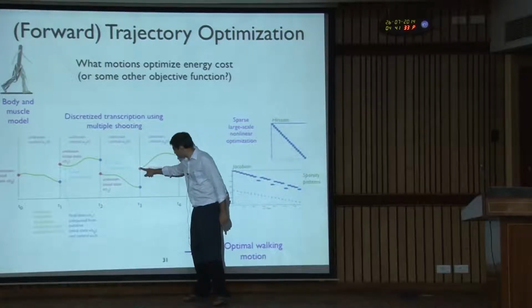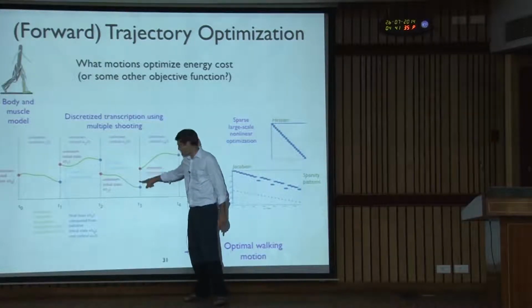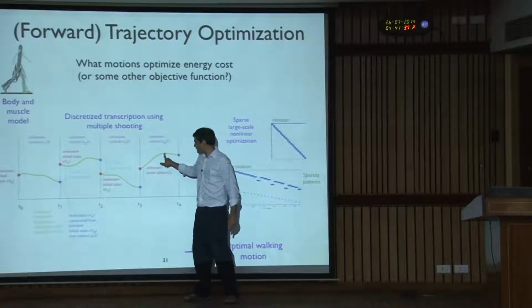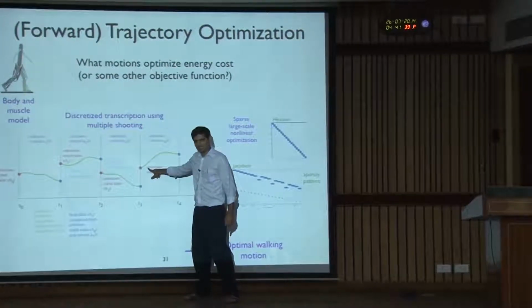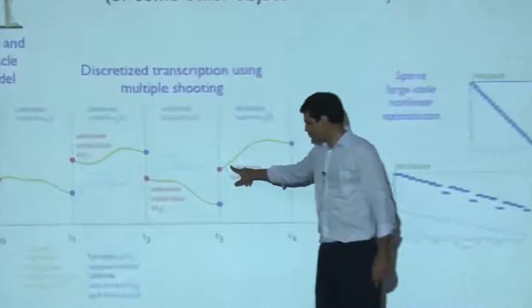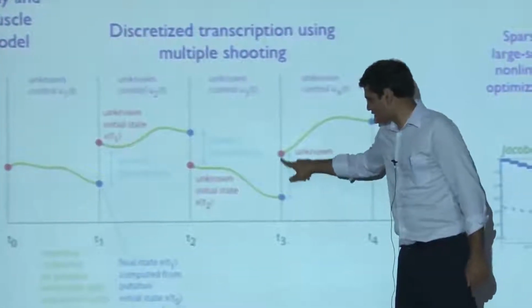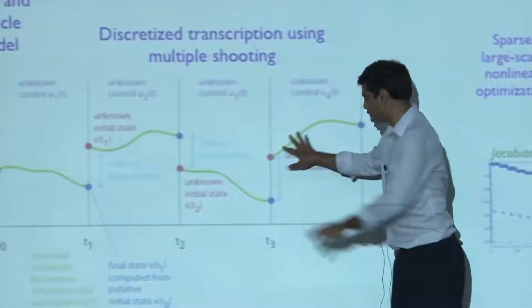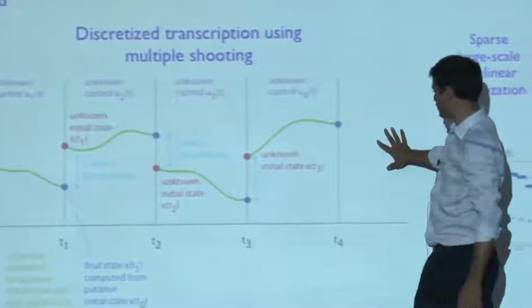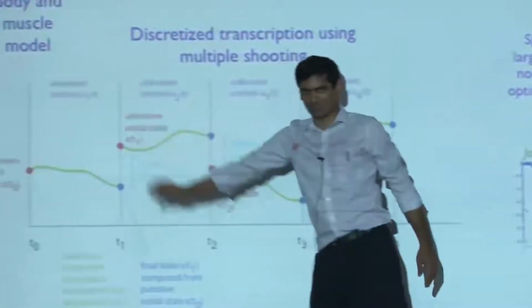this constraint that says these two things have to match really depends on only variables that correspond to this segment and this segment, right? So this constraint has non-zero derivatives only with respect to these two variables, and will have zero derivatives with respect to these variables and those variables.